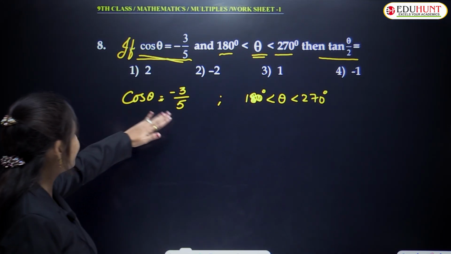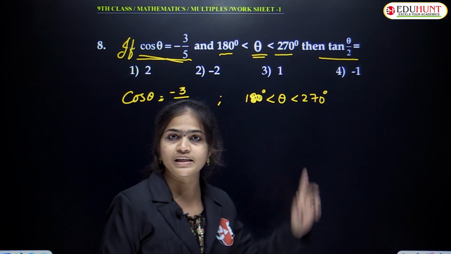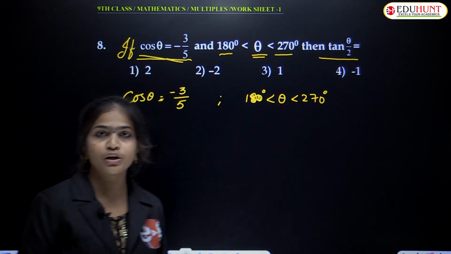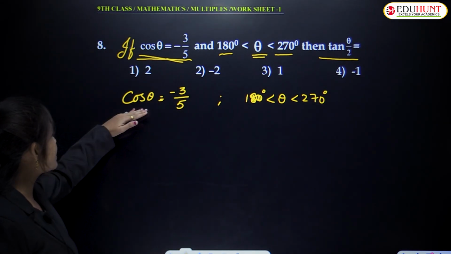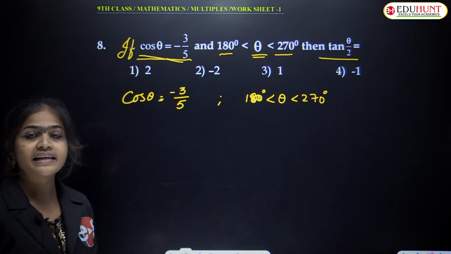Here they gave the cos theta value. How can we find tan theta by 2? What is the relation between cos theta and tan theta? We have one formula for cos theta in terms of tan theta. We discussed these formulas in submultiples.